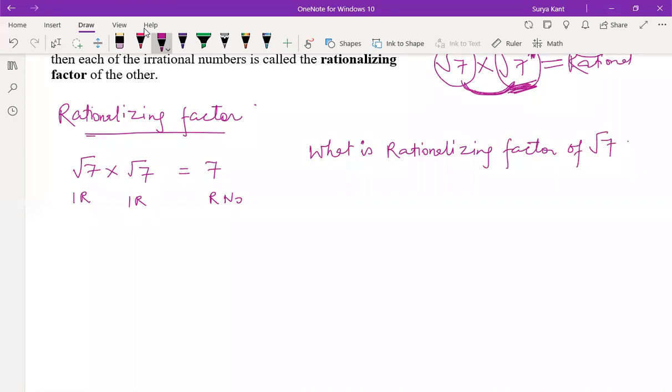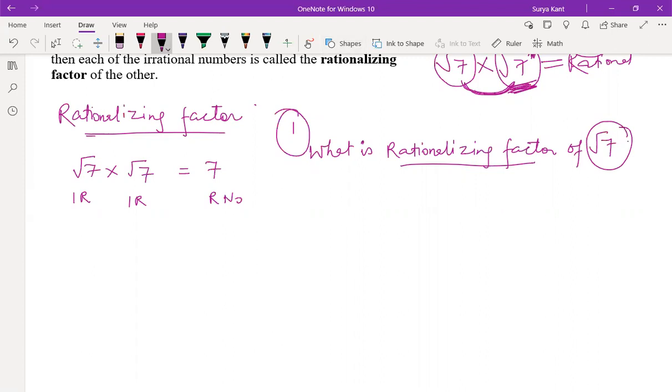What is the rationalizing factor of root 7? Anybody can tell me? Rationalizing factor means what you are going to multiply with root 7 so that this becomes rational. Anyone can answer me?